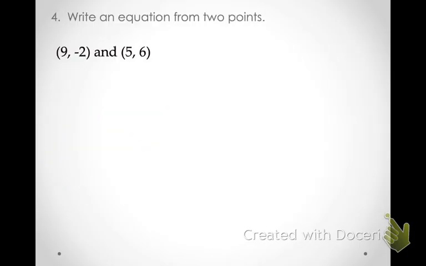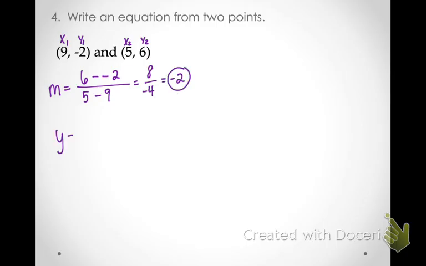For problem 4, we're writing an equation from 2 points. The first thing that we need to do is find our slope, y2 minus y1 over x2 minus x1. Then we're going to find our b. The way we're going to do this is we're going to pick our favorite point. For this problem, I picked the point 5, 6, and we're going to plug those in for our x and our y values.